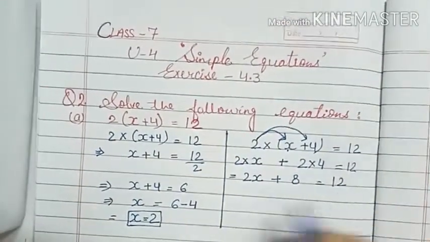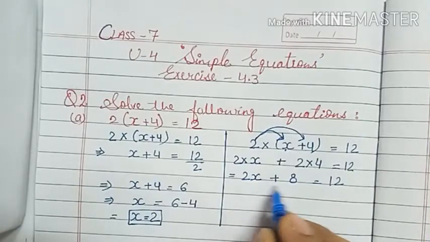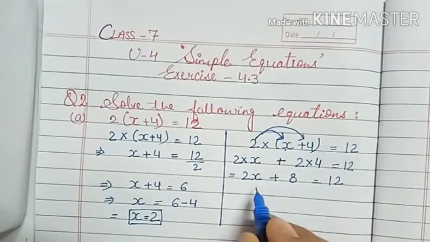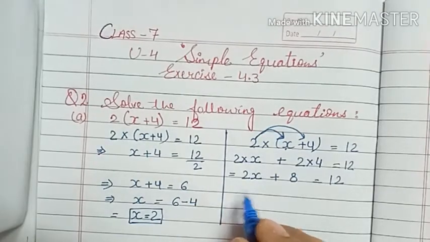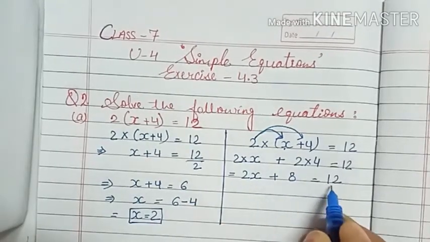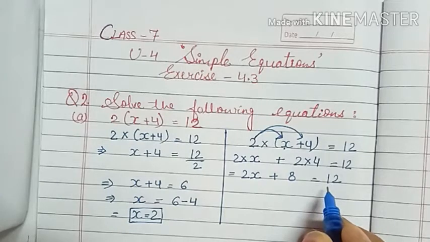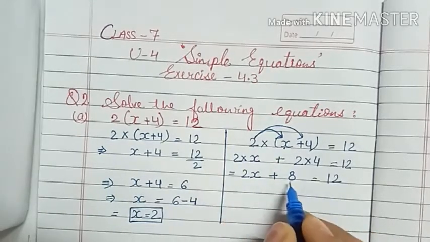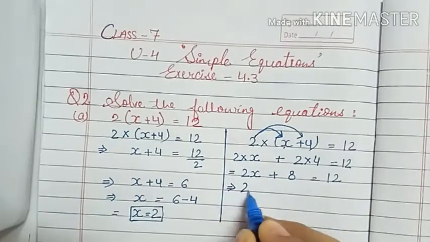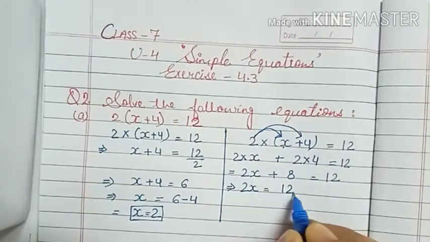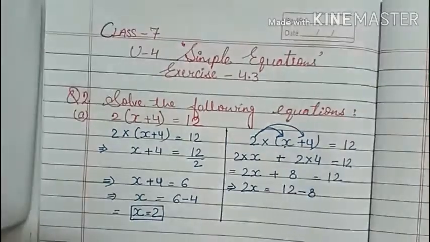So we will solve. You can see that this is the same equation form that you have done in the first question also, in the previous exercises also. So 2x plus 8 is equal to 12. Now I think you can solve it easily. First of all, 8 will be transposed to the right hand side, and for that here will come 12 minus 8.